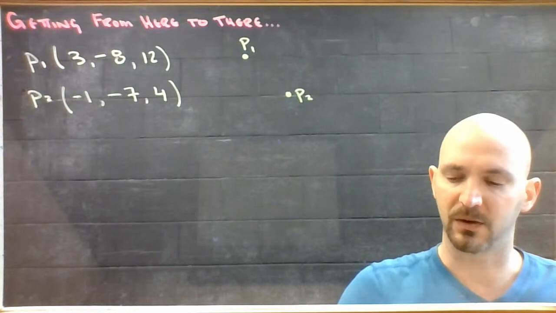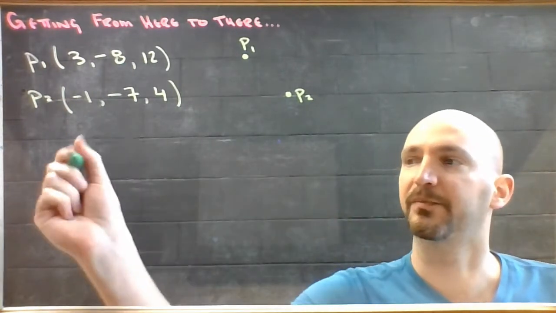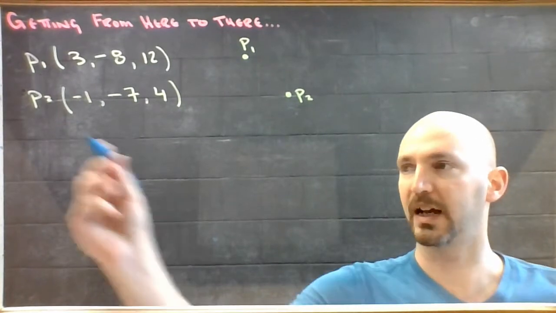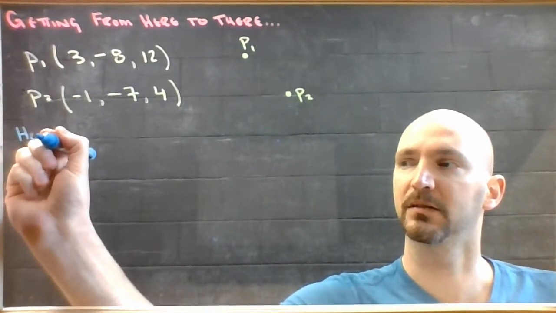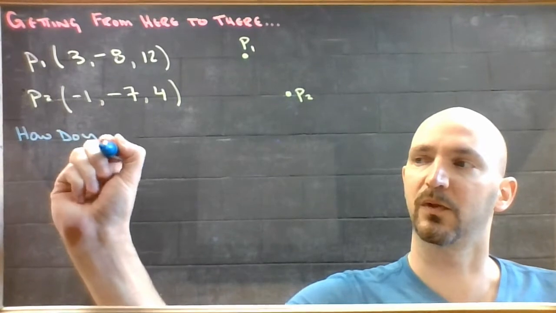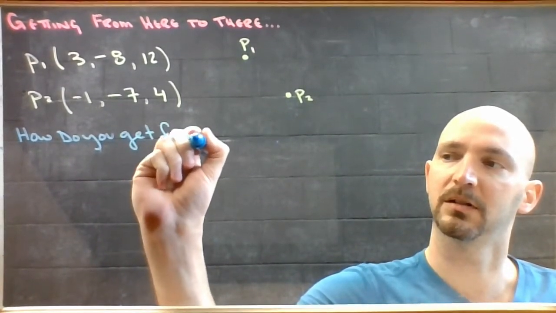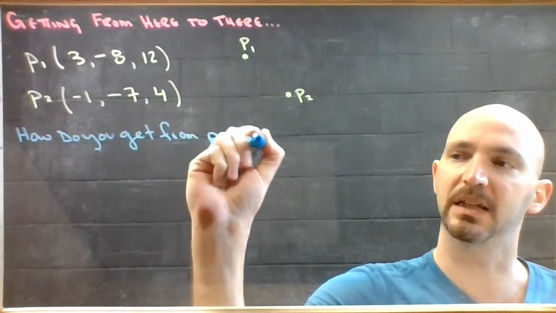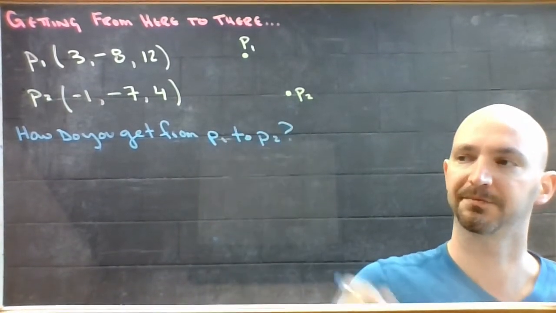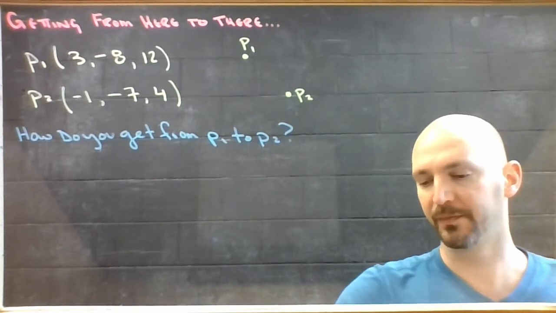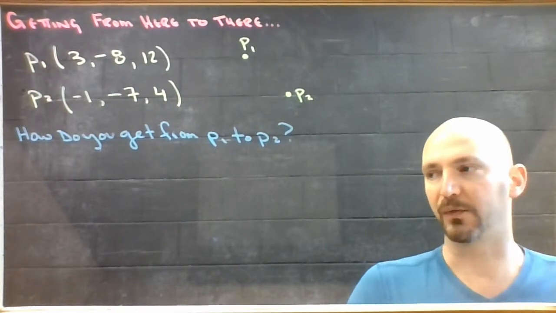So the way you do that, let me write that out in English. How do you get from P1 to P2? Okay, so there are a few ways to do this.